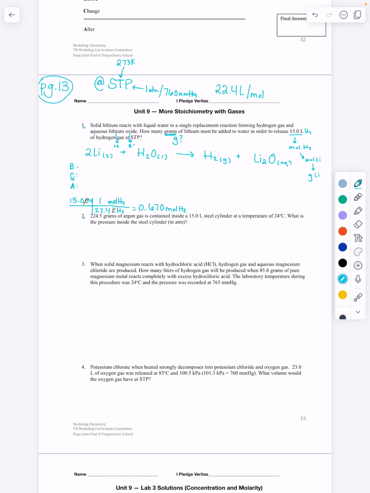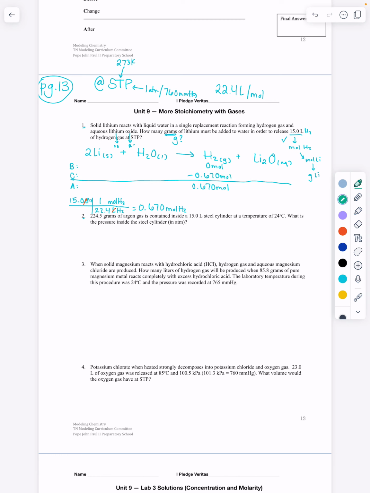Okay, so now we did our first step. Second step is going from moles of H2 to moles of lithium. And for that, we're going to need to use our BCA chart. So we know that 0.670 moles of H2 gas are formed. And because H2 is a product, that means it started at 0 moles because before the reaction has started, nothing has been produced. So that means our change must be 0.670 moles as well.